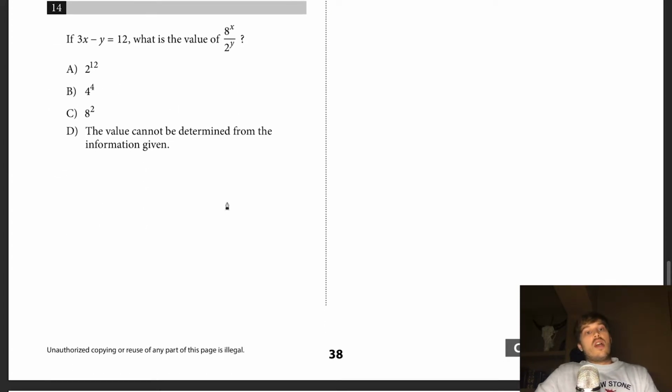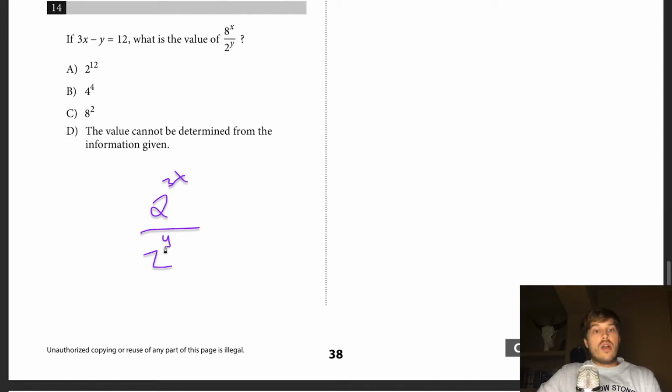What's number 14? What is the value of 8 to the x over 2 to the y? So whenever you're solving exponent problems, it's always best to put your terms with the same base. So 8 to the x, write that with a base of 2, since our other term has a base of 2. So 2 cubed is 8, so it's 2 cubed to the x over 2 to the y.